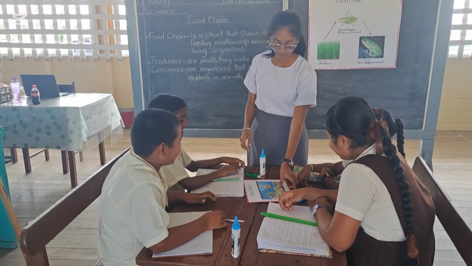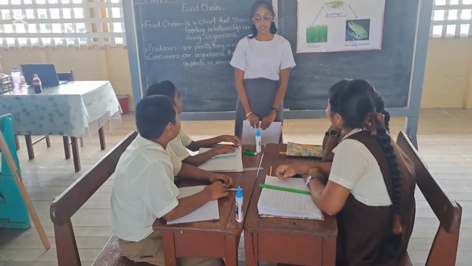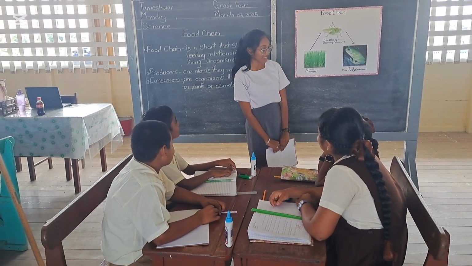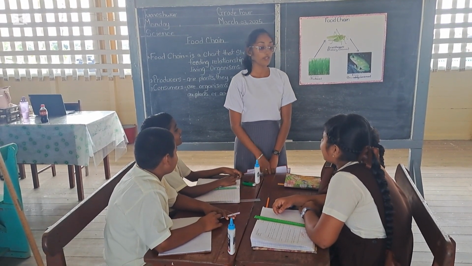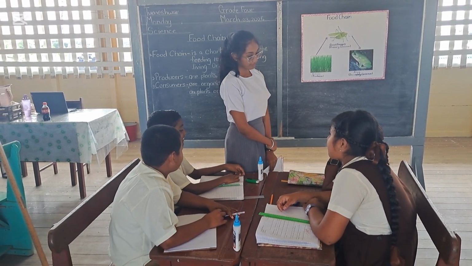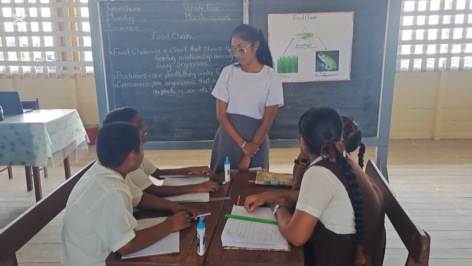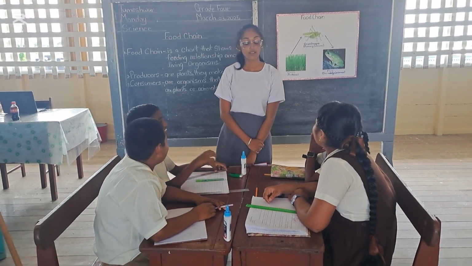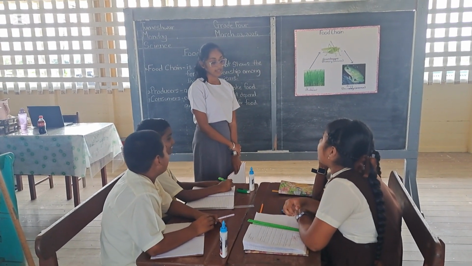So, what is the difference between water habitat and land habitat? So, what do you think is a water habitat? Say it out loud. Animals that live in water. Animals that live in water. And what are land habitats?